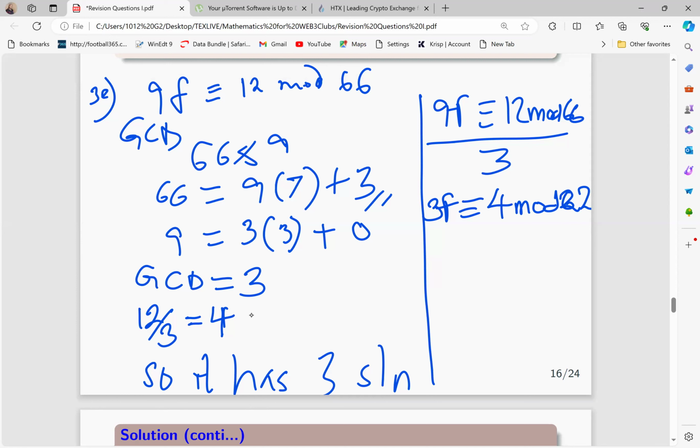We now begin with the Euclid's algorithm to find the first solution. That is 22. 3 to 22, how many times as you proceed? So 3 goes into 22 7 times.